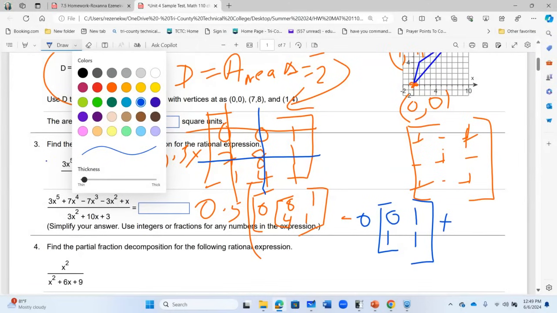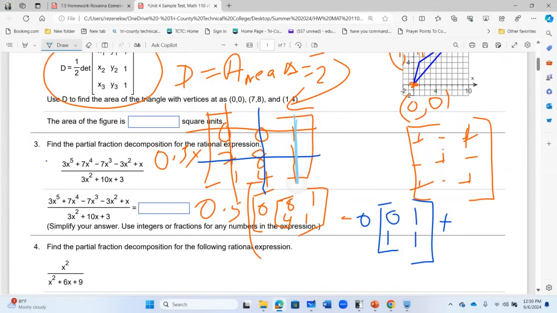Let me get another color here. All right, so the next matrix is going to be the minor of, if I draw this, then that's going to be plus, and the sign here is plus 1, so I am going to multiply 1 by the determinant of the minor, and that determinant is 7, 8, 1, 4.